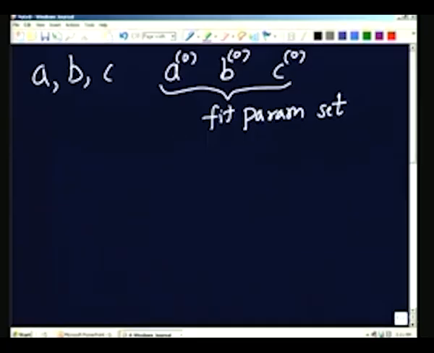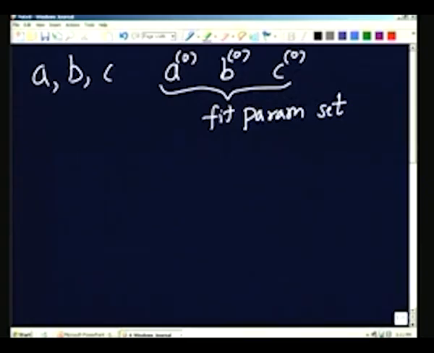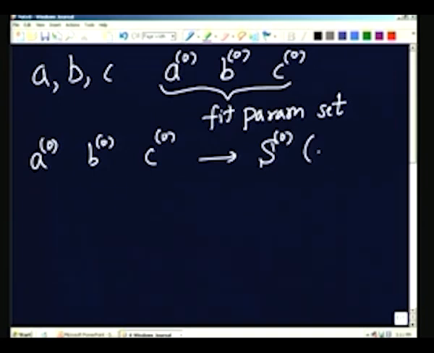That means I am looking at three values A, B and C at the same time, and what is its effect on the value of S. Okay? So, if I have A naught, B naught, C naught as the three values, it will give you some S superscript 0. This may or may not be the minimum.